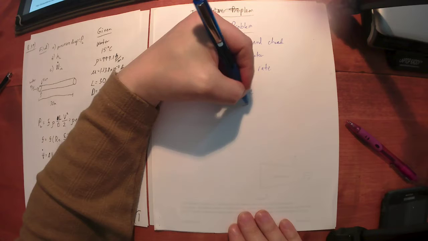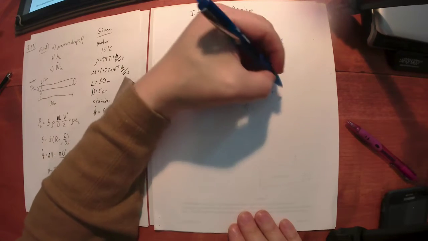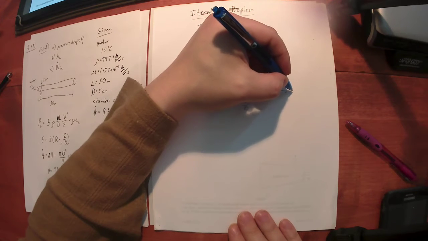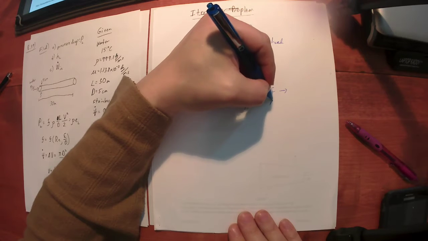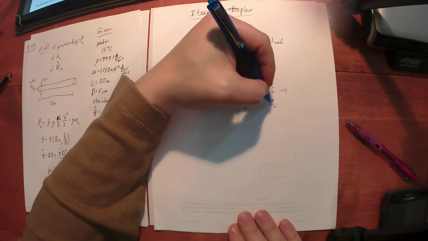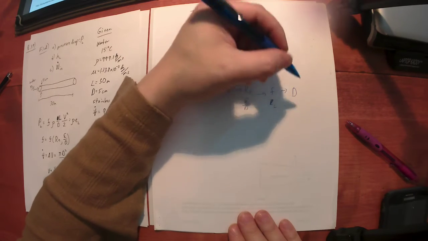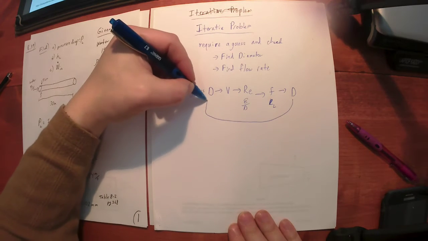Given the Reynolds number and epsilon over d, then you can find the Darcy friction factor. Given the Darcy friction factor, and given the energy loss or the head loss or the allowable loss, then you can normally use that to find what is a good value for the diameter. And then you repeat.